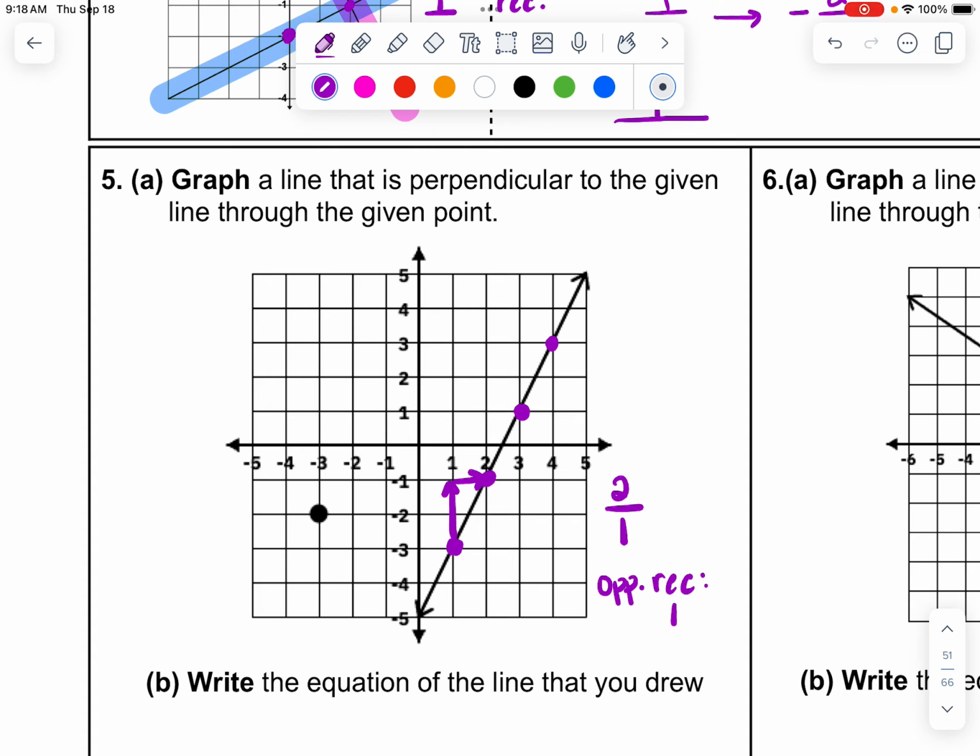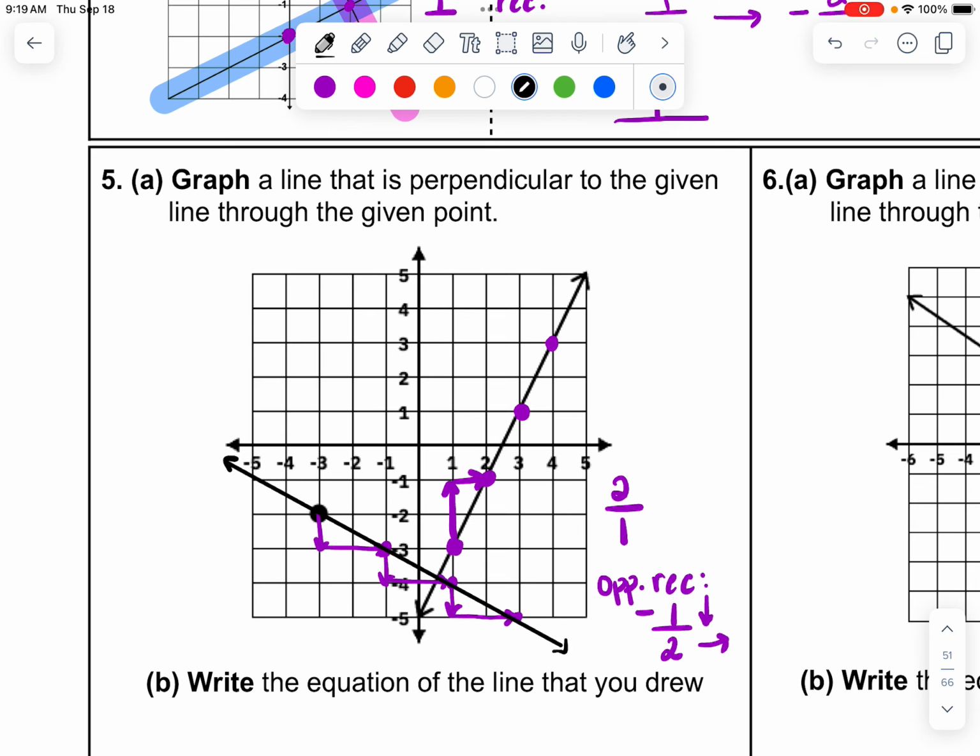So I'm going to flip that fraction over and I'm going to change the sign to a negative. That means that for my new line, instead of going up 2 over 1 and copying the same slope, I need to go down 1 over 2. So I'm going to go down 1 over 2, down 1 over 2, down 1 over 2. This new line that I drew is perpendicular to the original line.